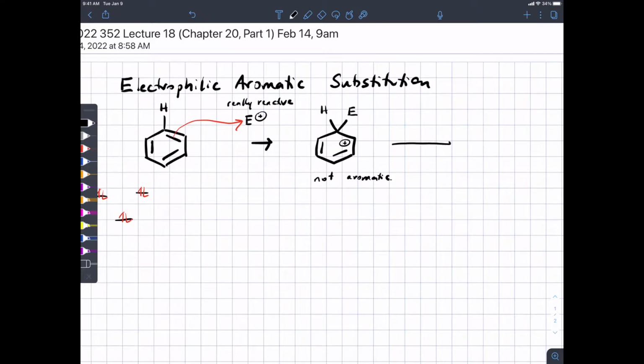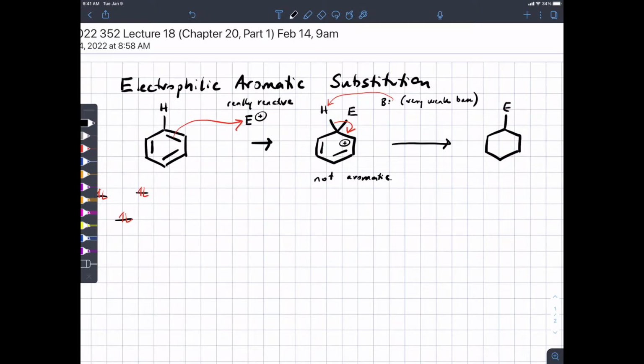Then the final step is downhill. You require a base, but it can be even a very weak base. You don't even have to worry about actually generally what this base is. We don't add a base to the reaction. Generally, it's a counter-ion or something. We'll remove this proton, electrons kick back down, and we reestablish aromaticity.